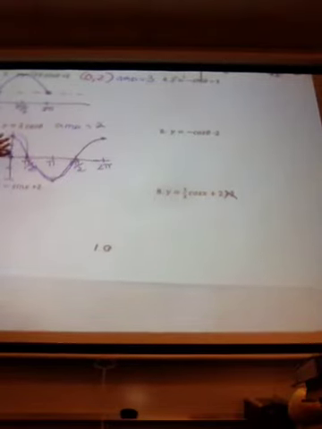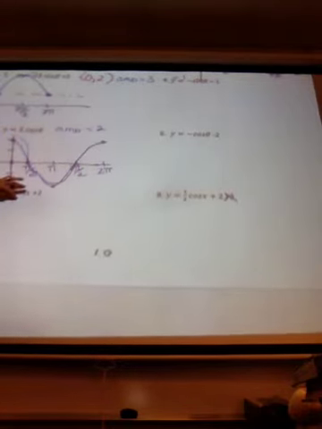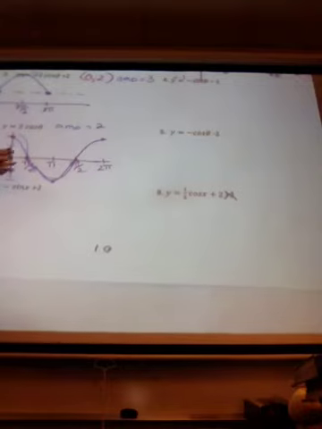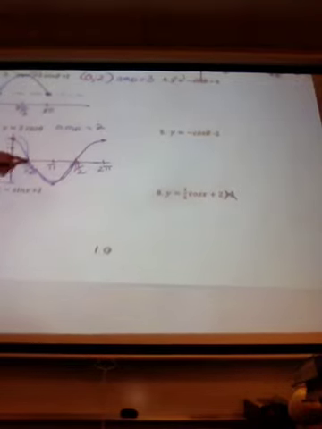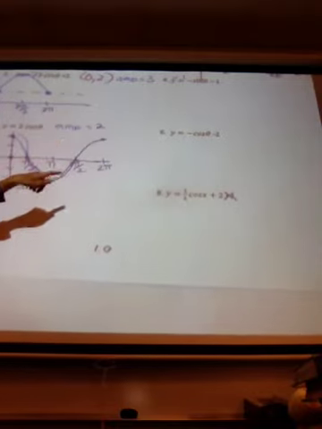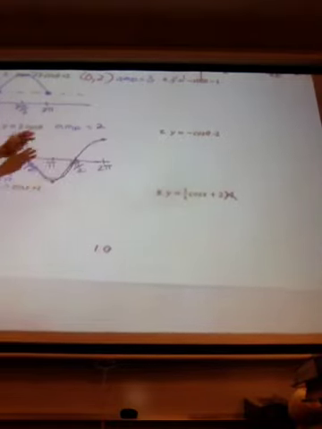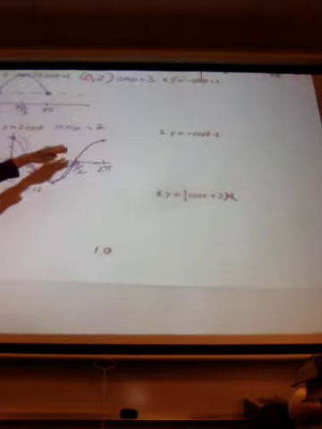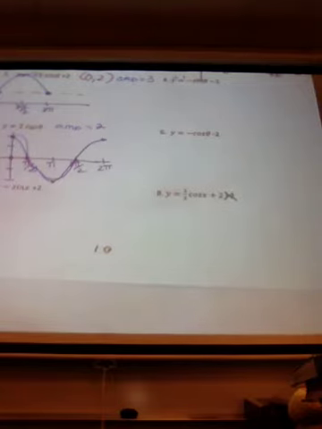So instead of starting at your maximum, it's going to start at your minimum. It's affecting your y. Instead of maximum, 0, minimum, 0, maximum, it'd be minimum, 0, maximum, 0, minimum, and you'd end at your minimum point.